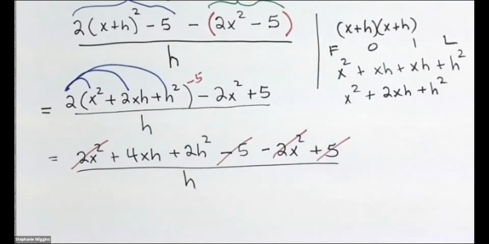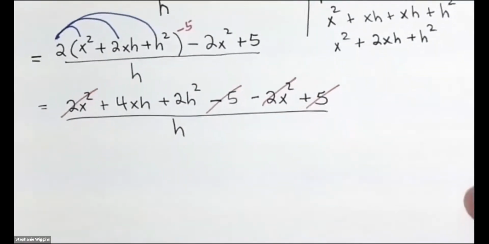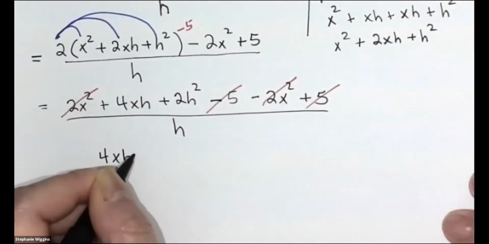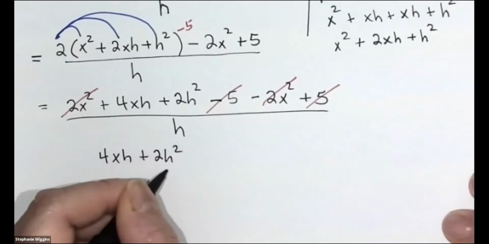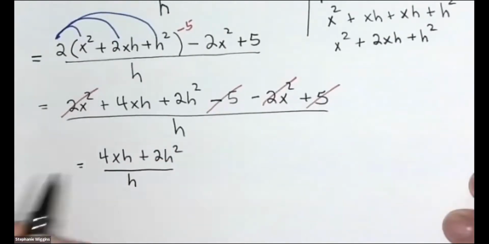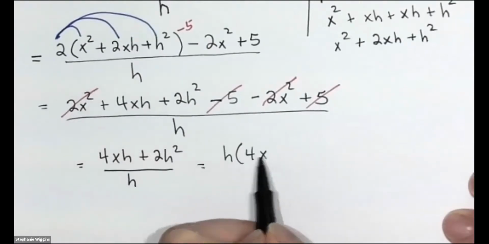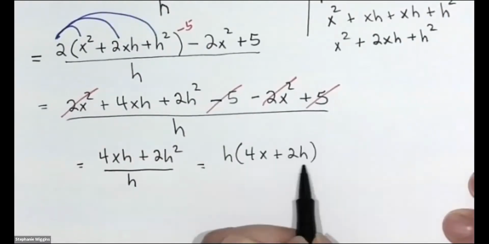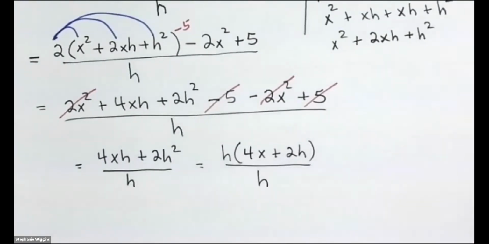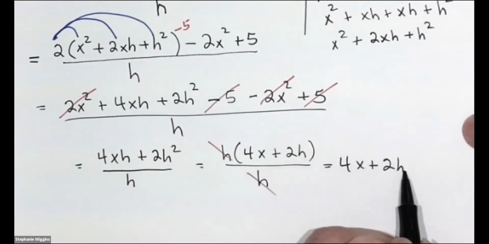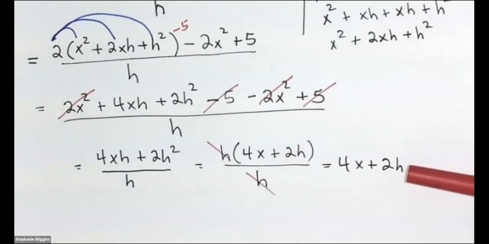And now we are left with 4xh plus 2h squared divided by h. And I'm going to factor out an h on the top there, and that leaves me with 4x plus 2h. And then the h is canceled, and it all boils down to 4x plus 2h. If it doesn't simplify to something really simple like that, you made a mistake.